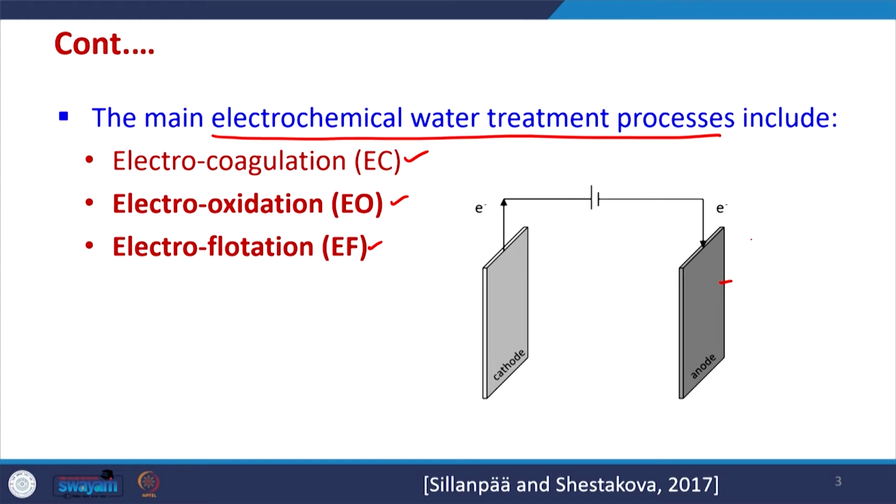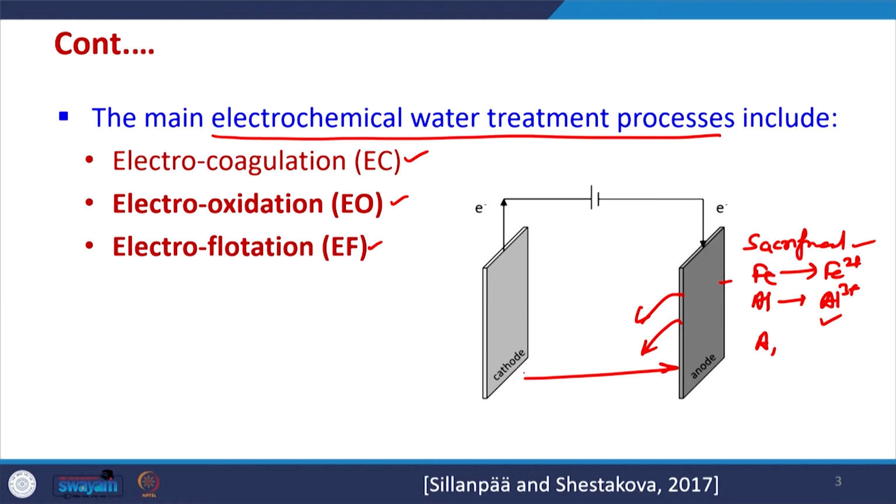In the electrocoagulation process we understood that the anode may consist of sacrificial metals like iron and aluminum. These come out in the form of Fe2+ or Al3+, and the release of these metals from the anode depends upon various parameters including the current, the electrode gap between the cathode and anode, generally represented by G, the pH of the water, the concentration of various pollutants in the water, and also the type of gases which are generated.